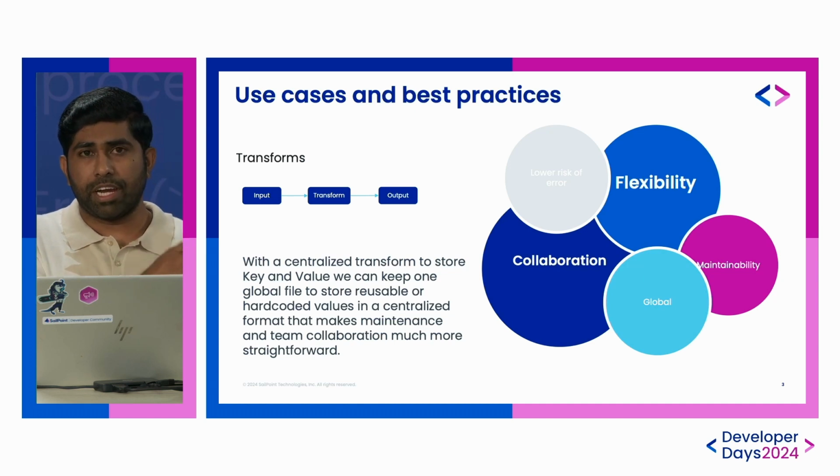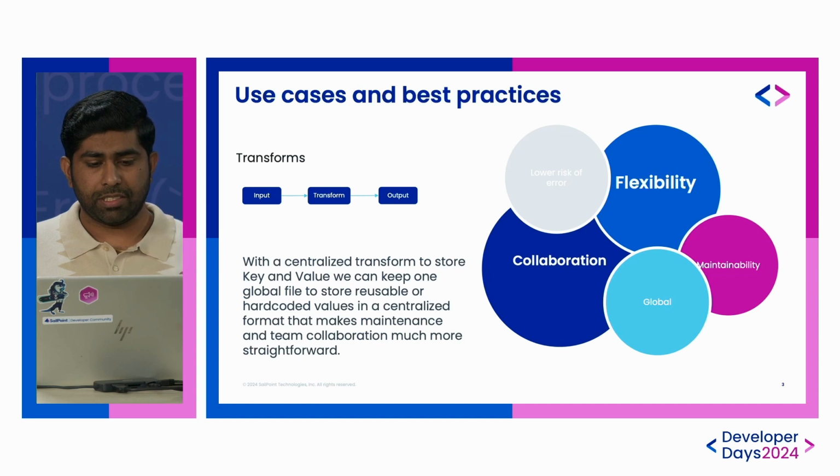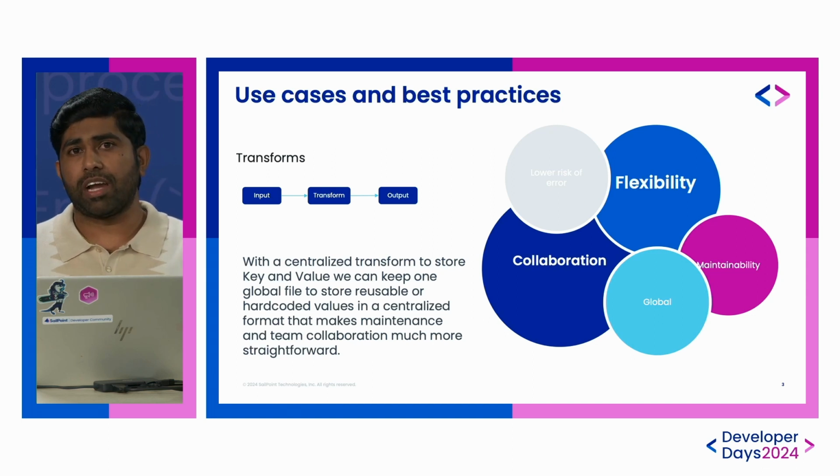Lastly, it may bring collaboration challenges. When multiple team members are working on a project, each using a static value in various places, that may result in conflict and coordination issues.